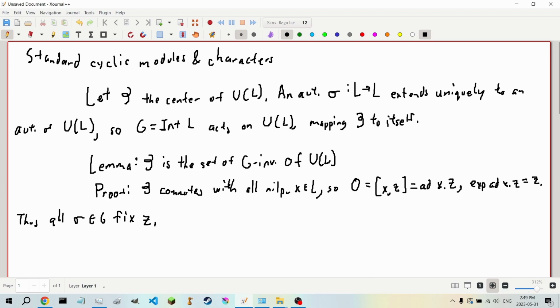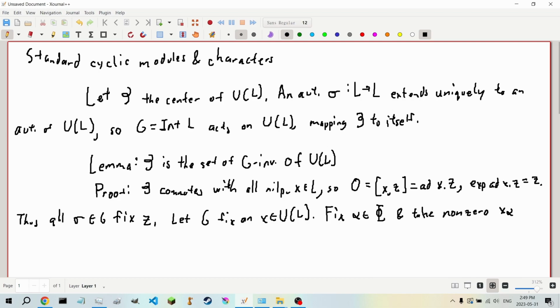Now conversely, let g fix an element x in the universal enveloping algebra of L. We're going to fix a root in our root system and take a non-zero x alpha in its root space.